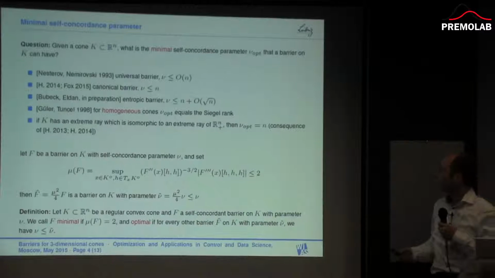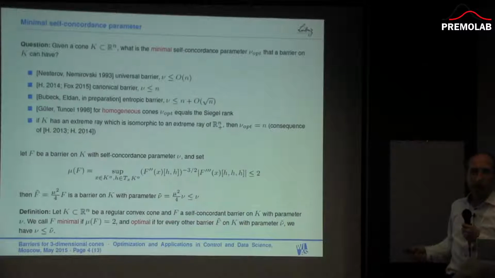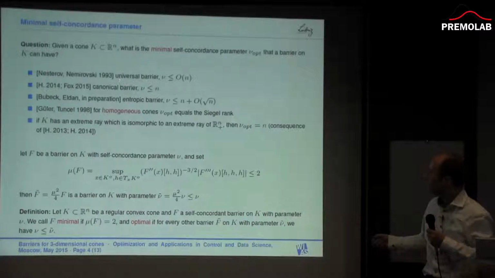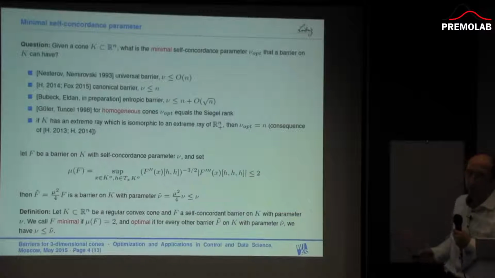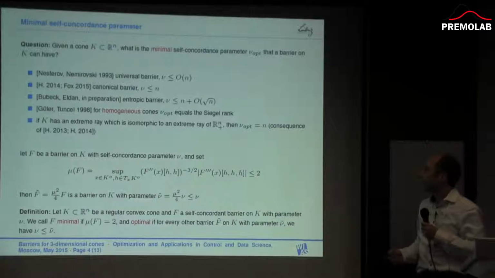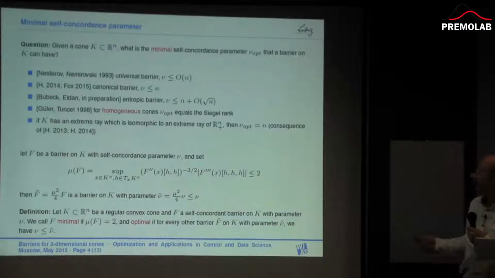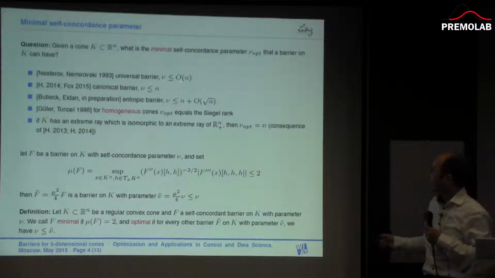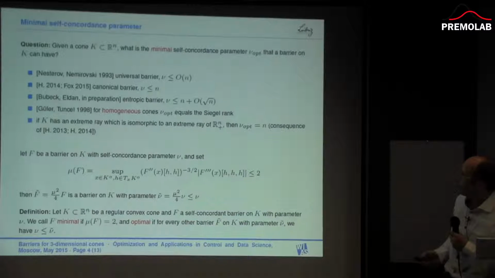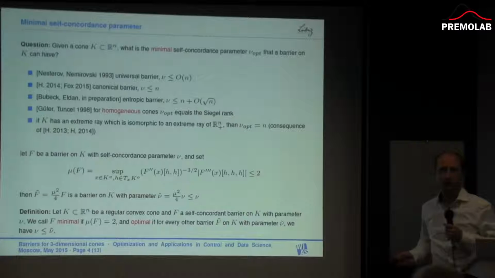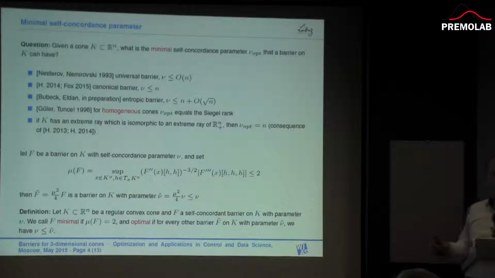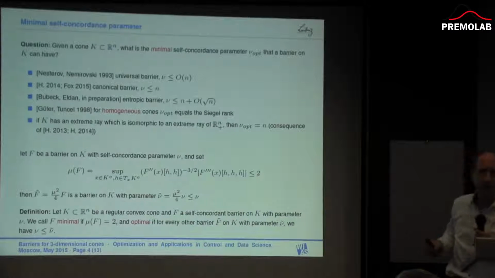And actually this can be proven by presenting a concrete barrier, the so-called universal barrier, which has this bound on the concordance parameter. And this constant here could be computed, but it was in the order of several hundreds, I guess.